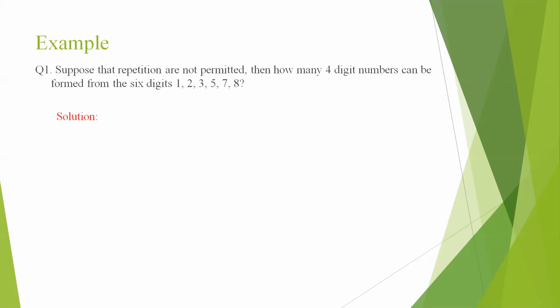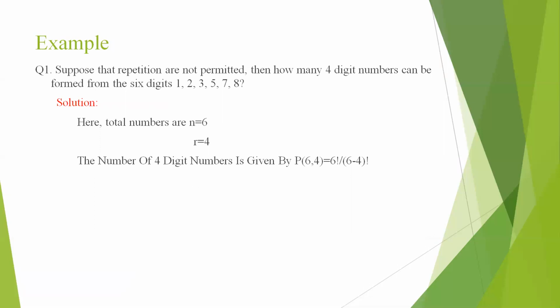So the value of n is equal to 6 and the value of r is 4. If we put the values of n and r into the formula, then it is 6 factorial upon 6 minus 4 factorial, which is 6 factorial upon 2 factorial.